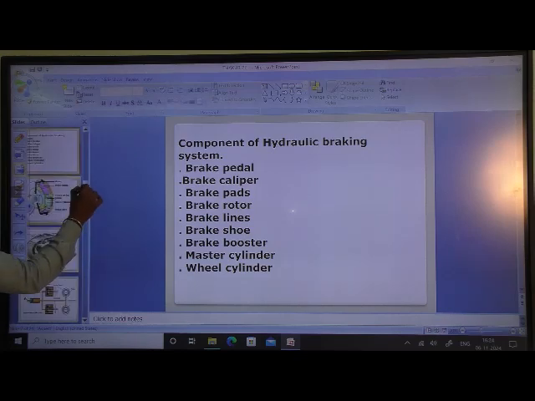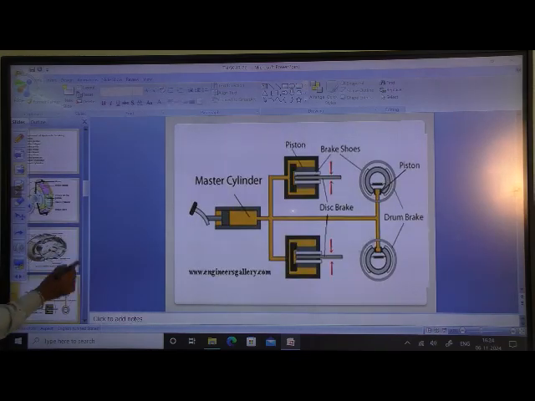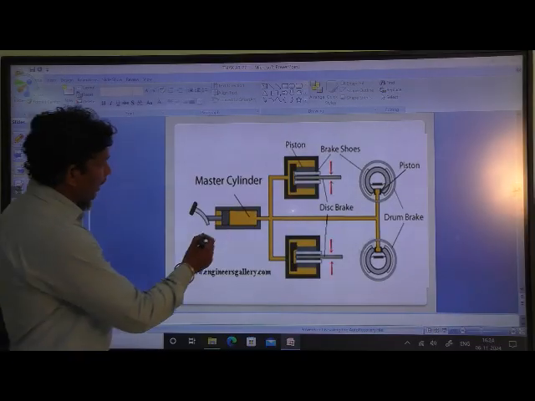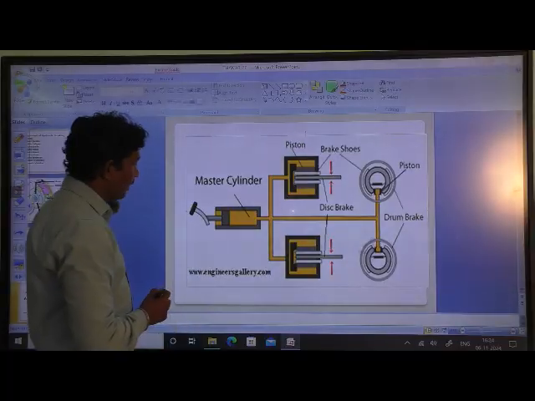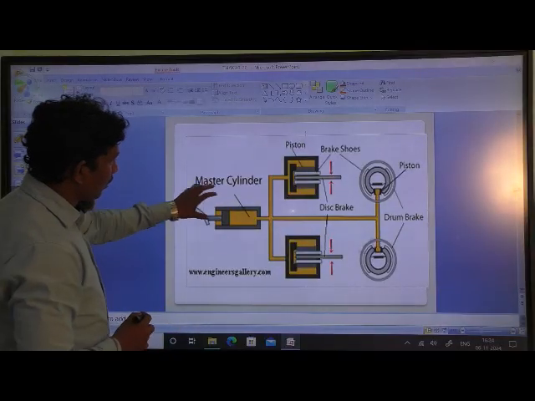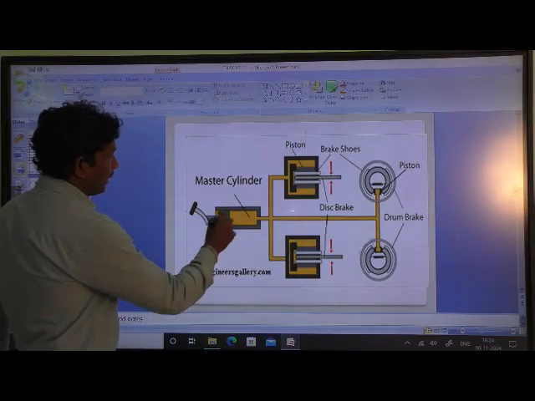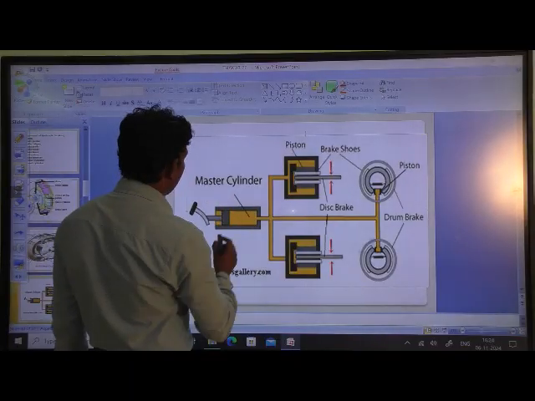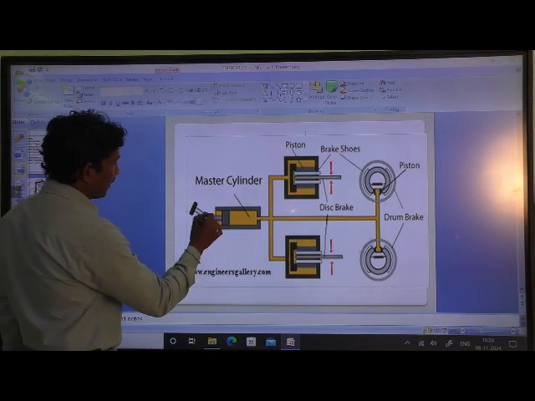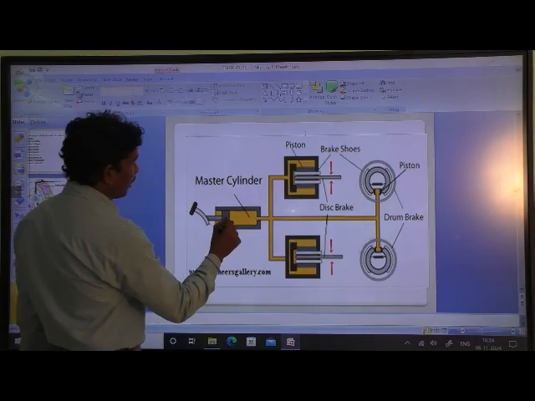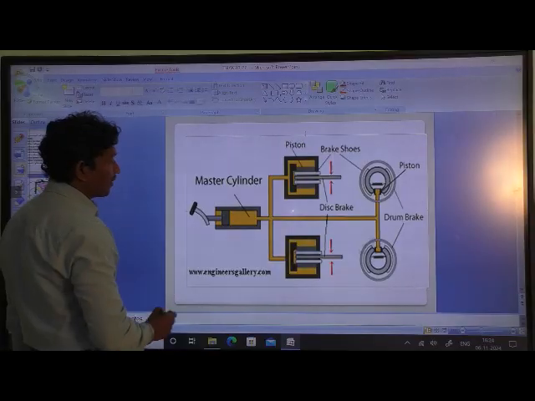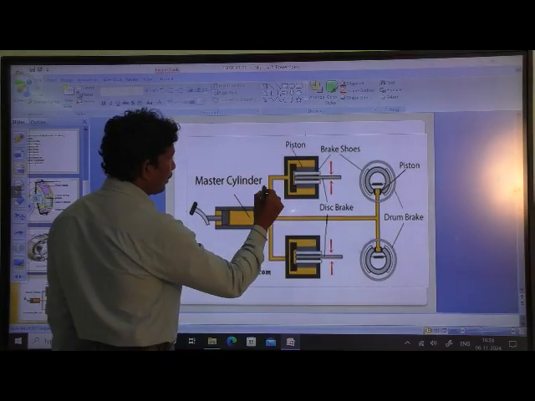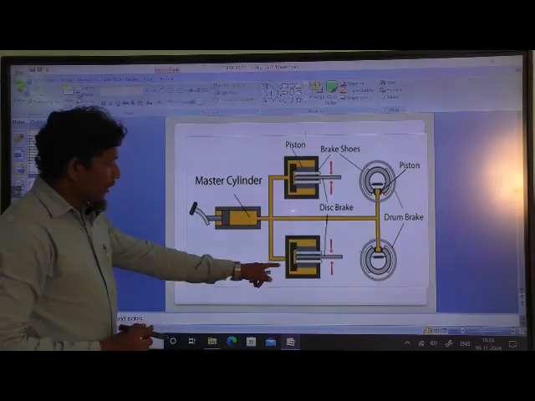In the hydraulic braking system, this is the master cylinder. In the master cylinder there are a lot of components. In the general line diagram, whenever we apply the brake pedal, the fluid inside the master cylinder gets compressed, and that compressed fluid flows to the wheel cylinder.